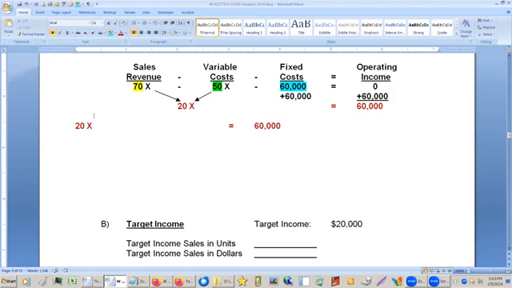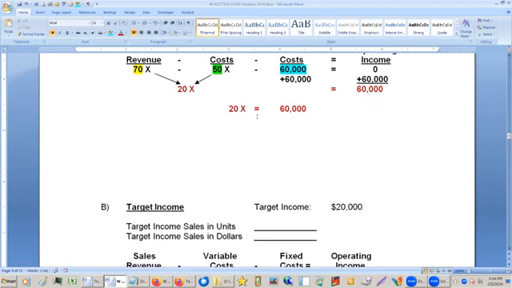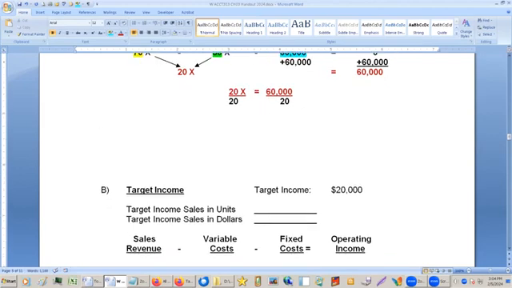I'm going to move it down here just to get them a little closer. Okay, so how do we solve for x? Divide. Yep. So we're going to divide each side by 20, and we will end up with x equals 3,000. So that's how many units we need to break even.